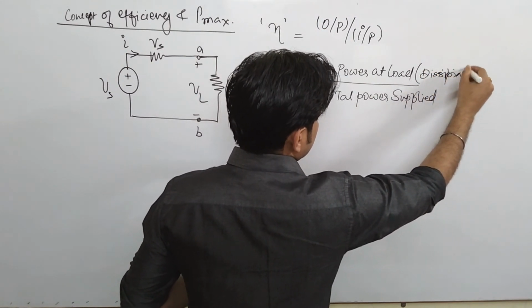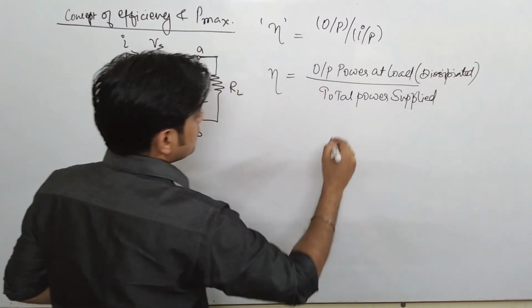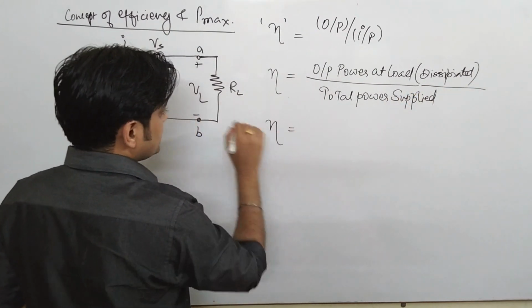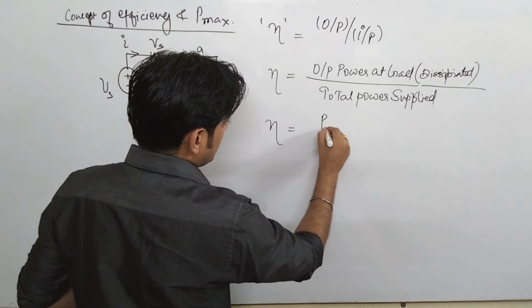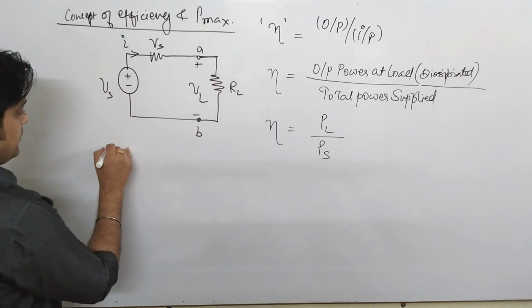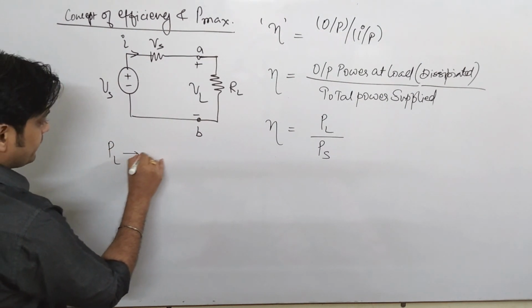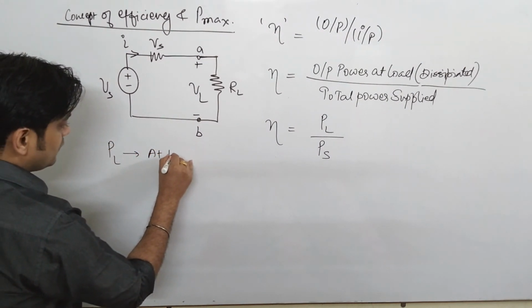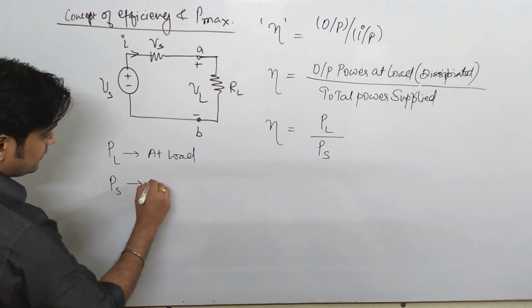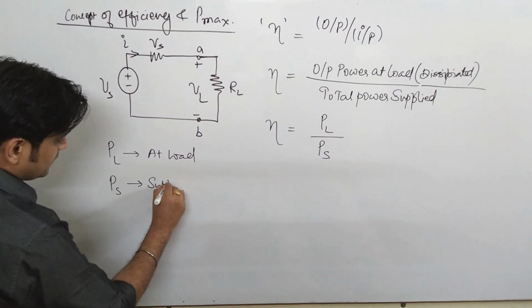So if I call it eta here, you can say it is PL upon PS. PL is the power dissipated at load and PS is the power supplied.